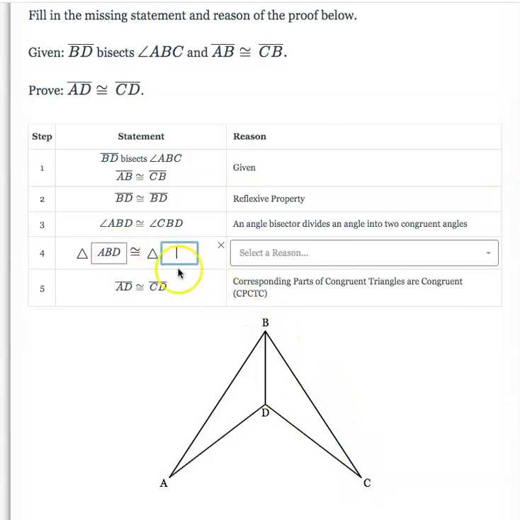B must correspond to B, and D must correspond to D. So I have to put this in the correct order. C, B, D. And now I need to come up with a reason.